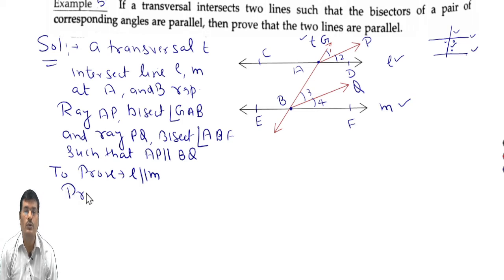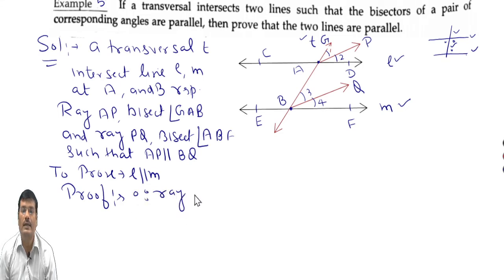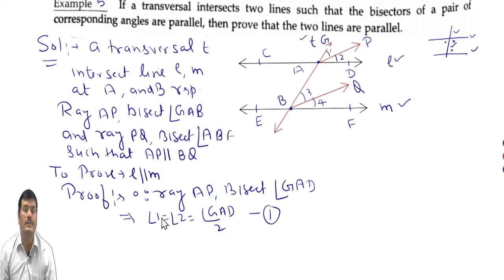Think about it. In the proof, since ray AP bisects angle GAD, angle 1 is equal to angle 2 is equal to GAD upon 2. Let us suppose that it is angle 1.